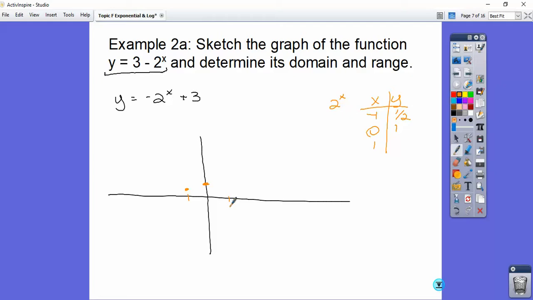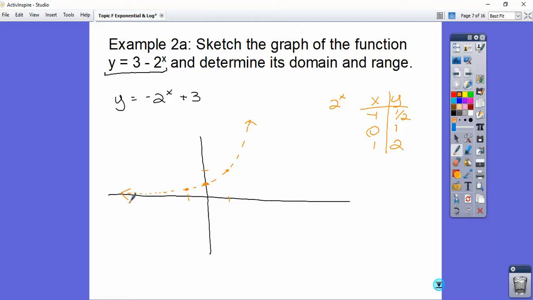And if you put in 1, 2 to the first is 2. Parent function, I like dash, please. Remember, these had a horizontal asymptote because will you ever do 2 to a power and get 0 or a negative number? No, they just approach the x-axis.